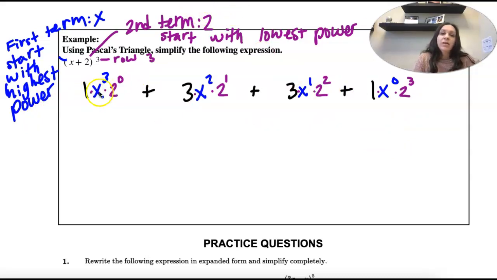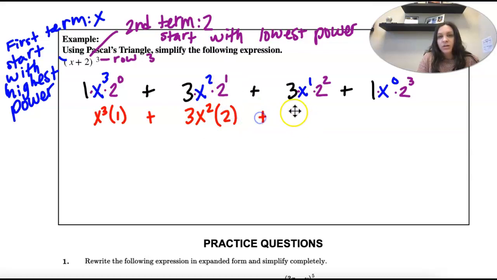1 times x cubed is x cubed. Anything to the 0 power is 1. Plus 3x squared times 2 to the first power, which is 2. 3x times 2 squared, which is 4. Plus x to the 0 is 1, and 2 to the third is 8.